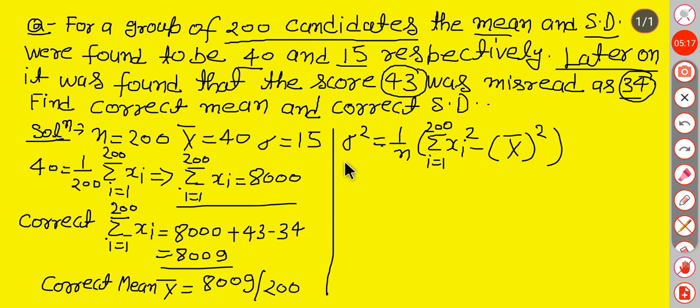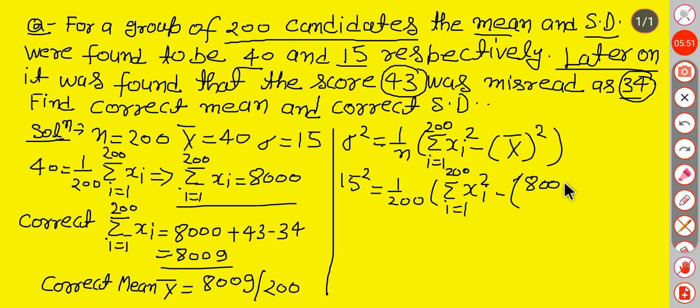So let us put it here. 15 whole square is equal to 1 upon 200 summation i from 1 to 200 xi whole square minus, here I put the wrong mean, 8000 upon 200, or 40.